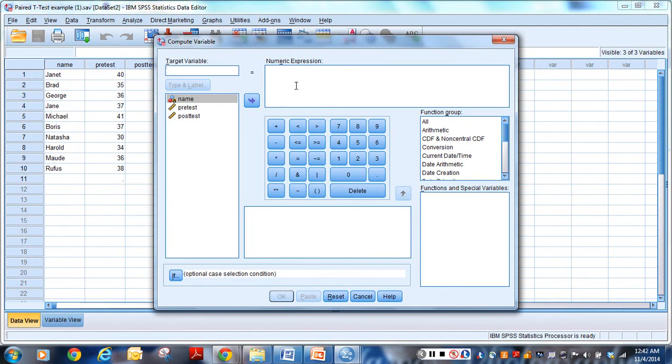Now for the target variable, we're going to enter diff. And in the numeric expression, we're going to type in post-test minus pretest. And I'm going to click OK.